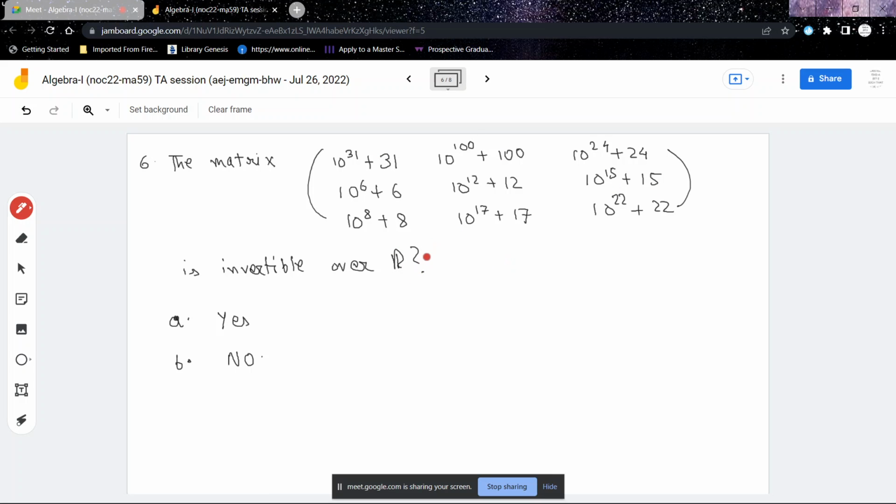So what we can do is, the advantage of this matrix is that all the entries are integers. So this is in M3Z, and hence the determinant of this matrix will also be an integer, right? So what we just need to find out is whether the determinant is 0 or not.